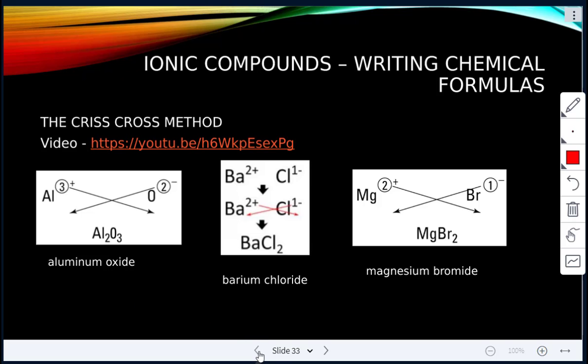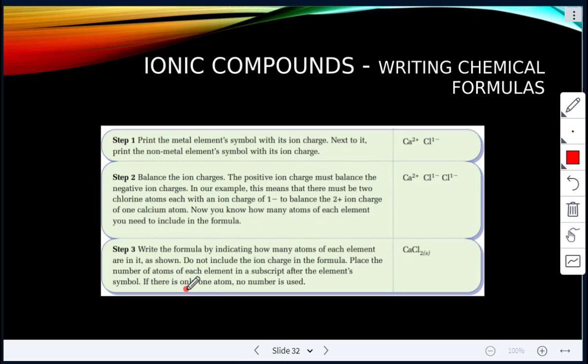All right, so let's just go back to this calcium and chlorine. So the first thing we're going to do is write out our element symbol with its charge. So calcium has a 2+ charge, and chlorine has the 1- charge, which is just shown as a minus like that. The crisscross means you're going to take the charge, which is always written top right corner, and we are going to crisscross it like this.